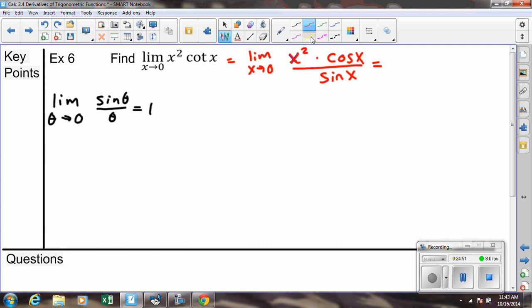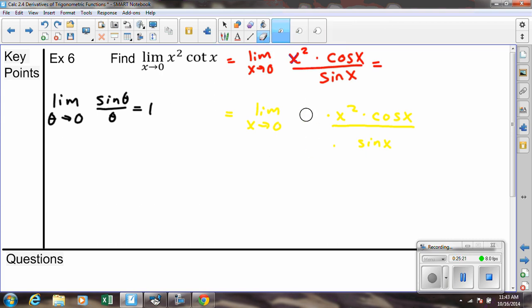In particular, the one that I'm going to note is we could split this up. The limit as x approaches 0 of 1 over x times x squared times the cosine of x, over 1 over x times sine of x. Now, why am I writing it out this way? The big thing that I'm trying to take advantage of is that if I have sine of x, I need it to be over an x.